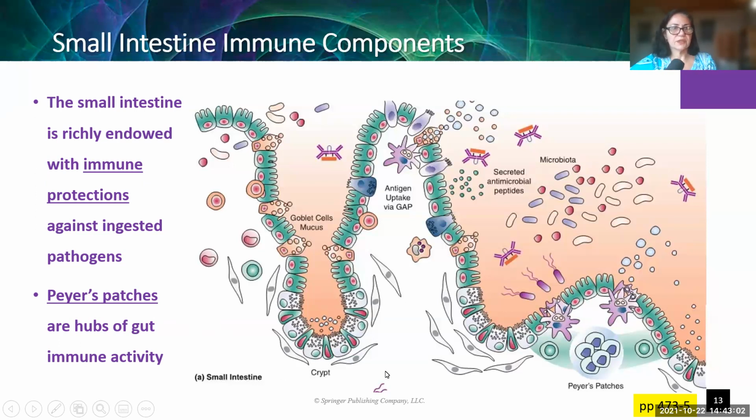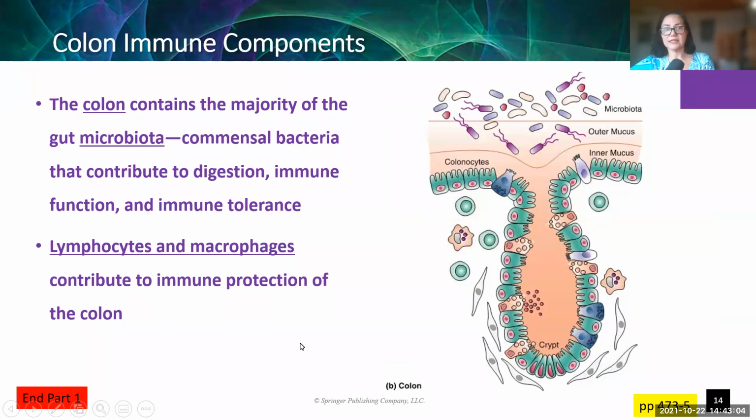And continuing on in the colon, in the large intestine, in other words, that's where the majority of our microorganisms are. We refer to it as the microbiota. It's just a fancy way of saying all the microbes that are commensal, that either don't harm us or are actually beneficial to us and contribute to digestion. And we have immune function and immune tolerance.